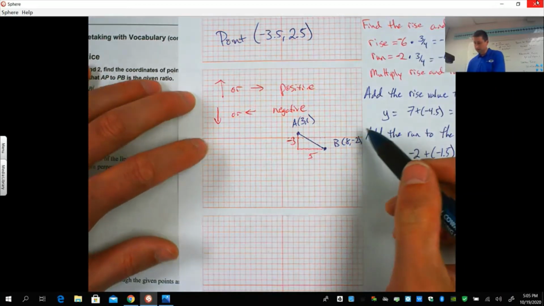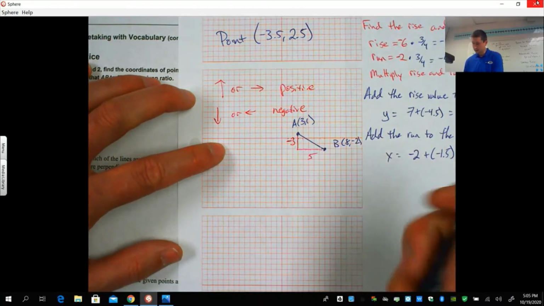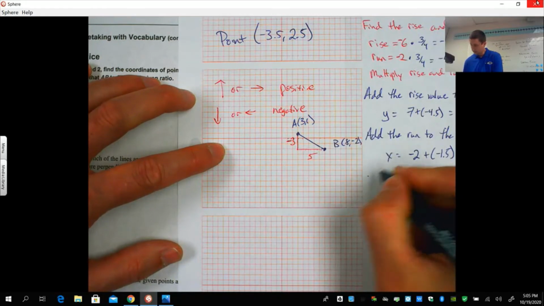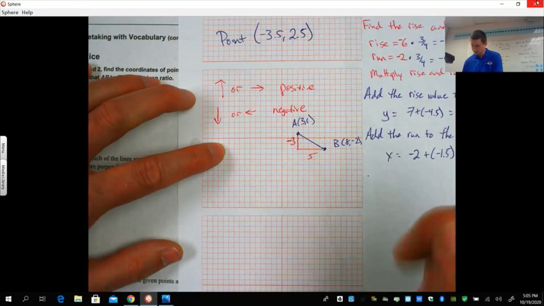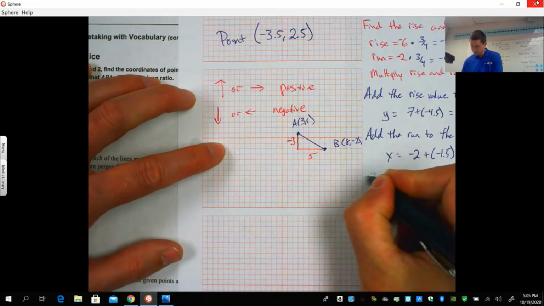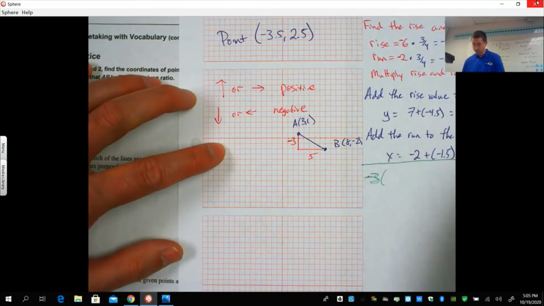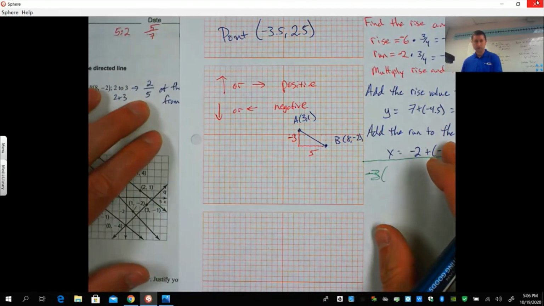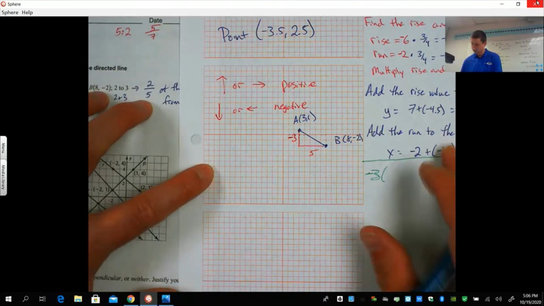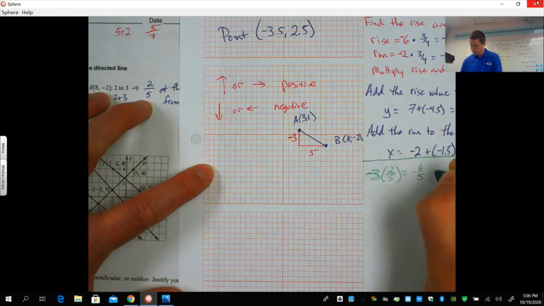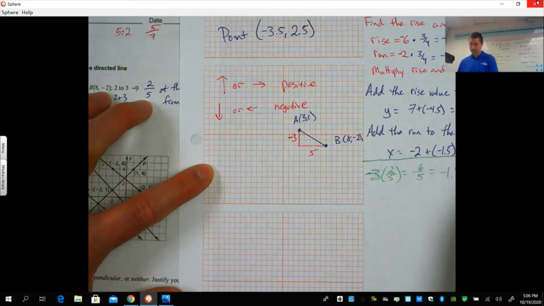Okay, so we're going to take negative 3 times, green. Can you watch green? Negative 3 times our ratio, which remember was 2/5. 2/5 right there. So it's negative 3 times 2/5, that would be negative 6/5, which is negative 1.2.